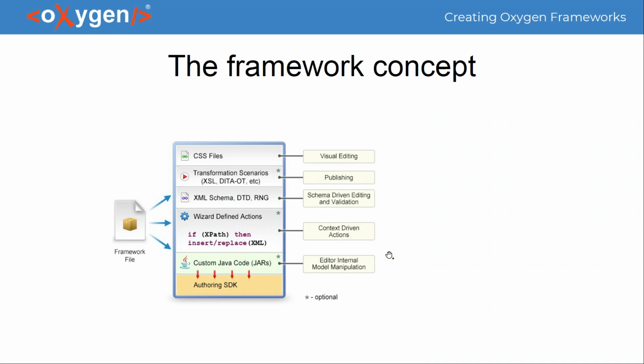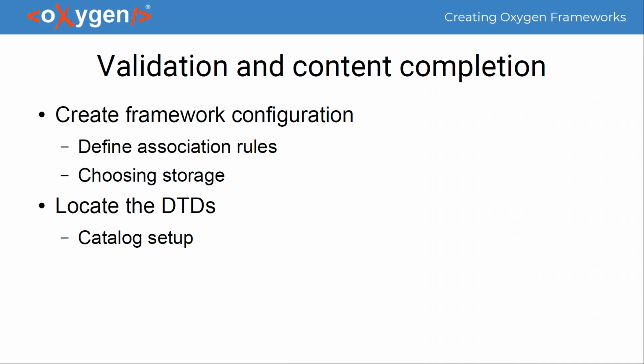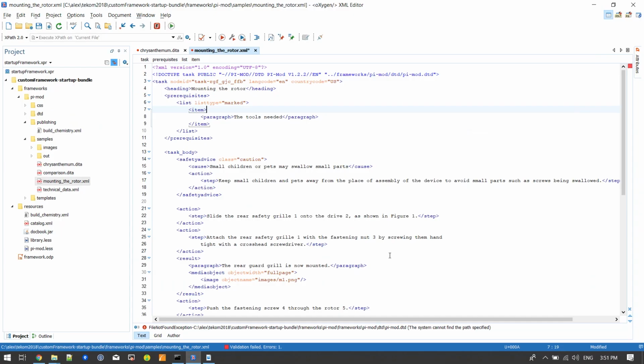I'll get to that a bit later on. But all these make up what we call a framework or a document type. So to fix validation and content completion, the first step on our list is to create this framework.